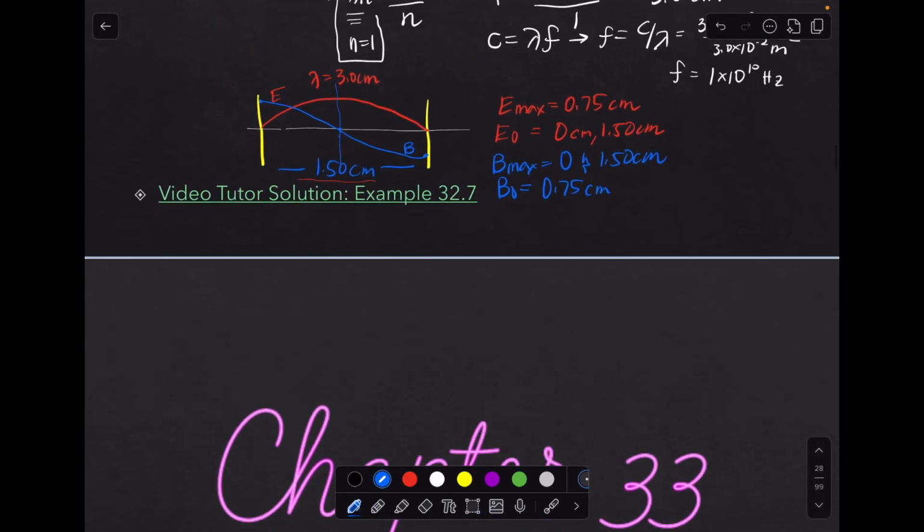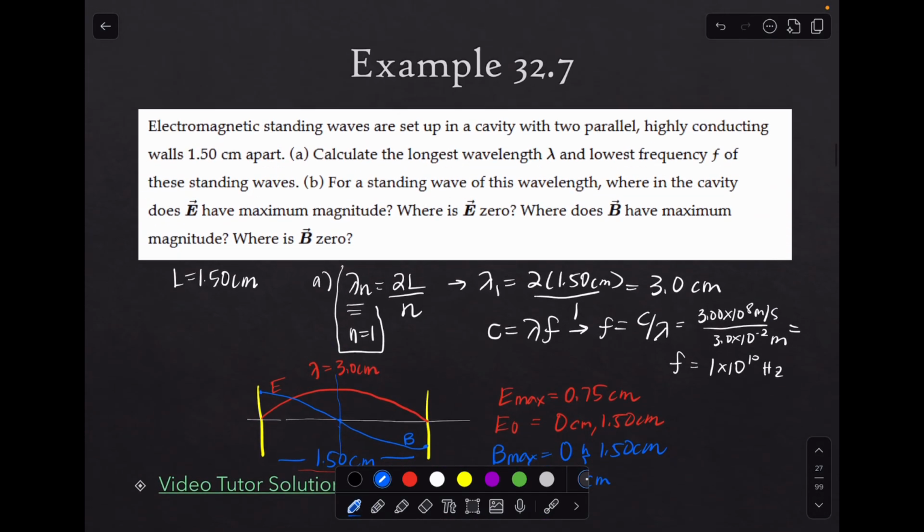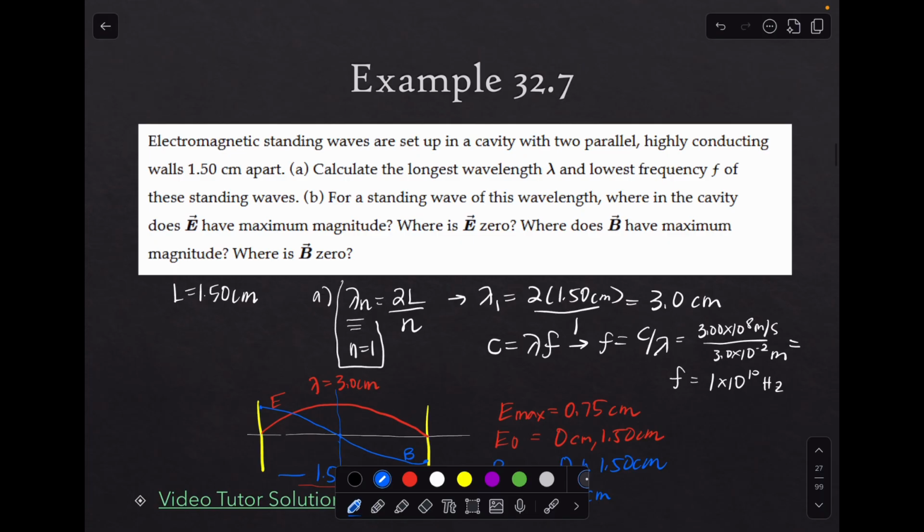All right, so that ends chapter 32. It's not super long. We're basically characterizing electromagnetic waves. We learned how they behave in cavities: E fields reflect off of conductors, and because they cannot exist in conductors, their value is 0 at a conductor.